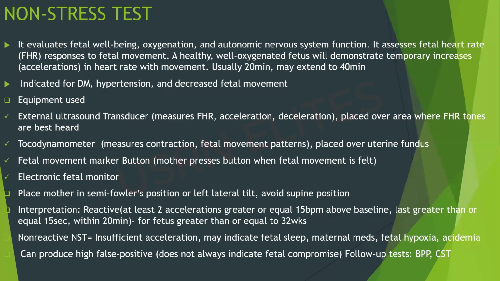But know that the Toco dynamometer assesses the maternal contraction and the fetal movement, and it is placed over the fundus, because that's where we measure contraction and movement. So we place the Toco dynamometer over the uterine fundus.